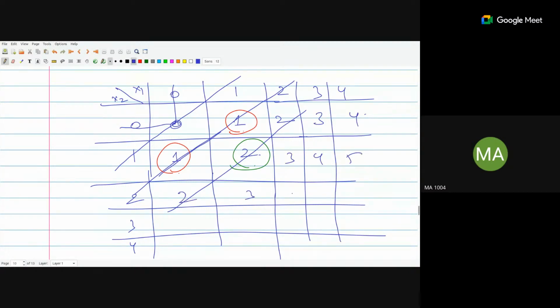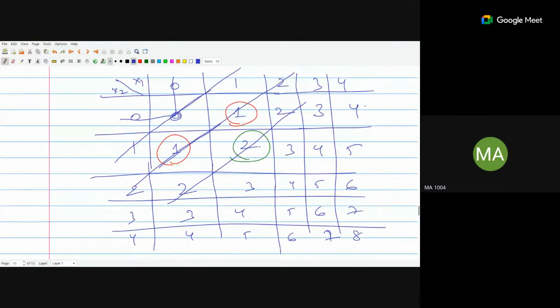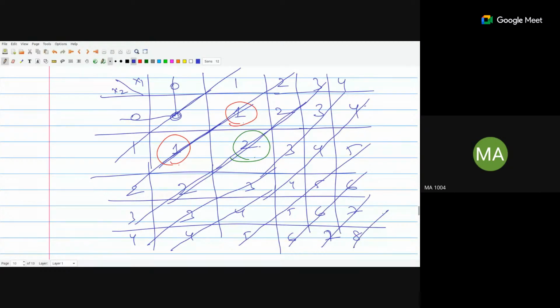This will be 2, 3, 4, 5, 6, 3, 4, 5, 6, 7, 4, 5, 6, 7, 8. Now if you see, this is 0, this is 1, this is 2, this is 3, something like diagonals. So you can see diagonally you have to consider all the cases, 6, 7 and 8.